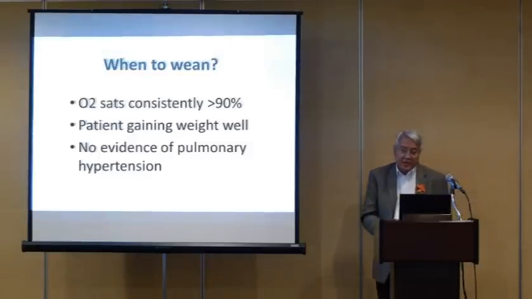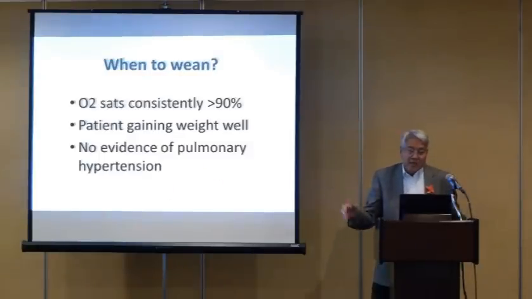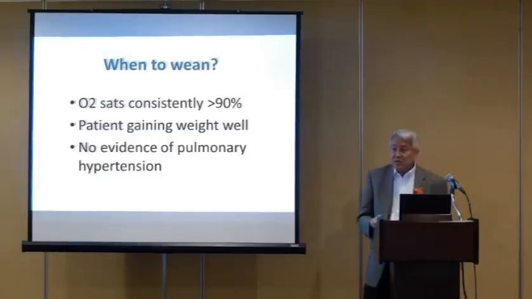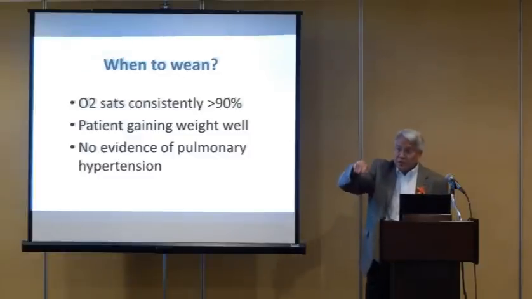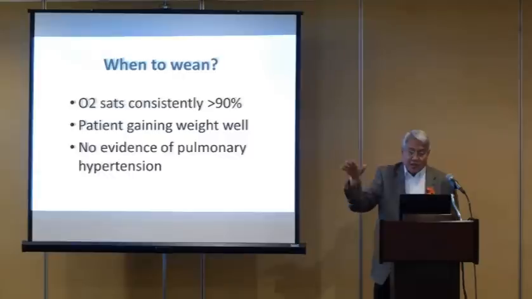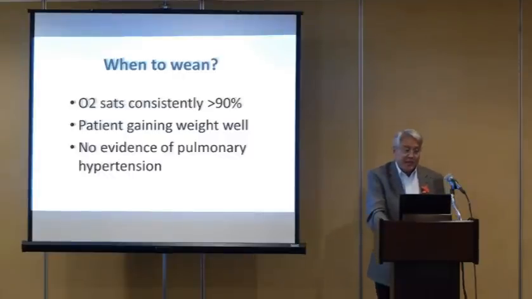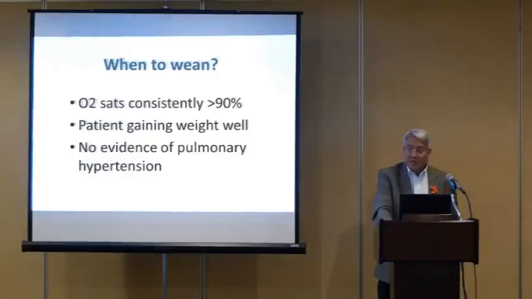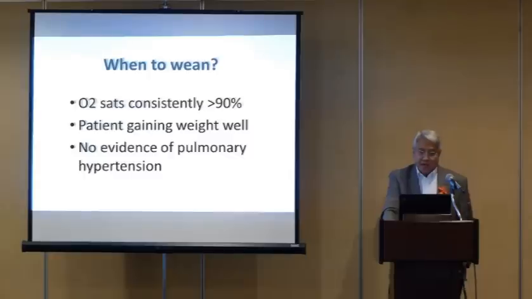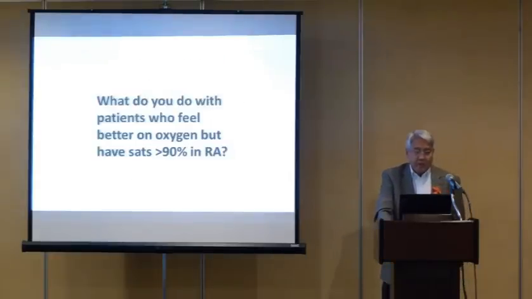So when to wean? I would say if the O2 sats are consistently above 90%, and that includes dips into the 80s, I don't think that matters much as long as the average is above 90 or better. If the patients are gaining weight well and there's no evidence of pulmonary hypertension, I think these are good candidates to be weaned.